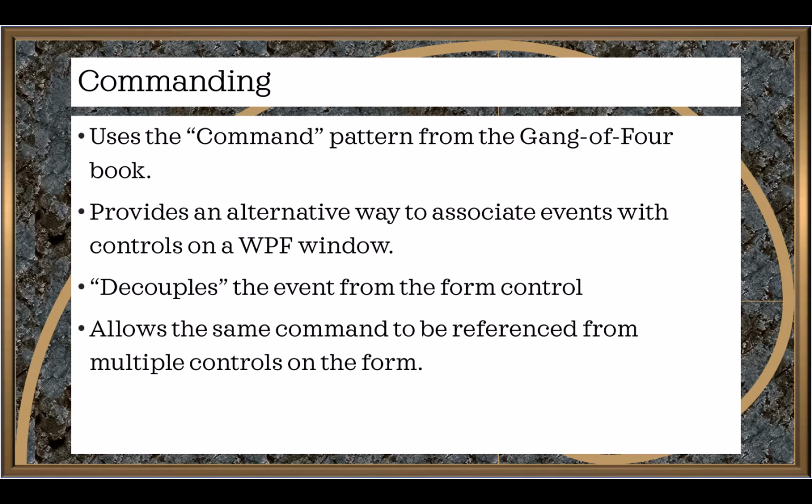But WPF gives us another way to associate functions with those menu items. And by using this command pattern, we decouple the events from the form control. So we don't have to have them tightly associated.